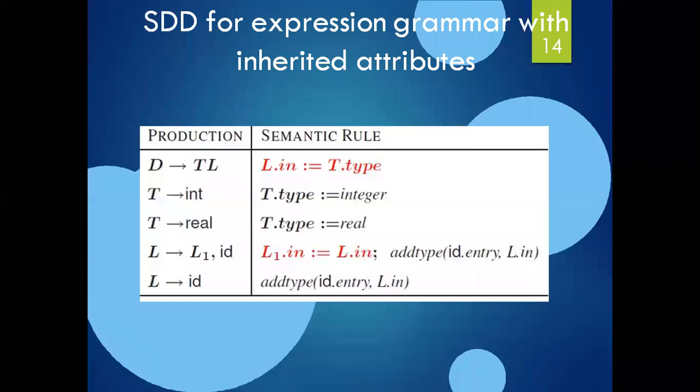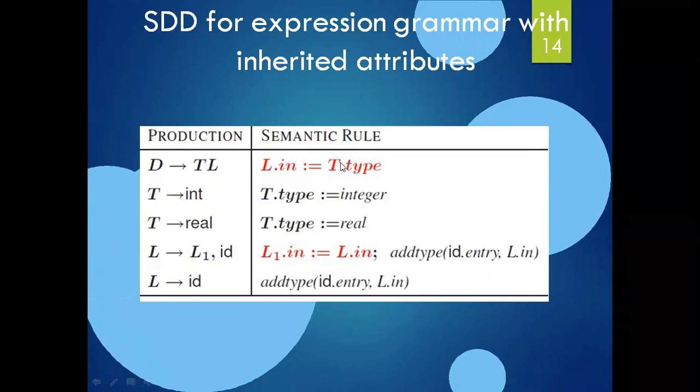And here the value of L nodes is first obtained from the T dot type. T dot type is a sibling to the L dot in. So the value of L nodes is first obtained from the T dot type sibling. And here the T dot type is basically a lexical value.